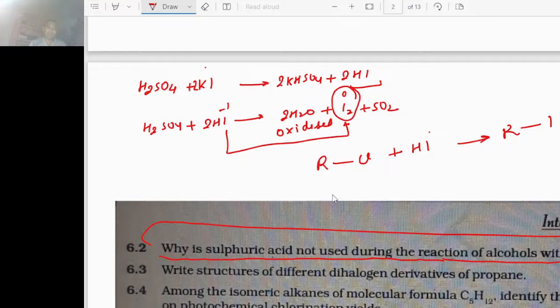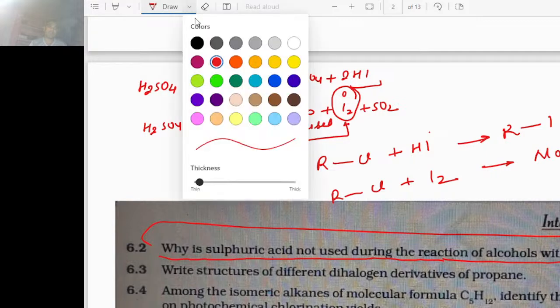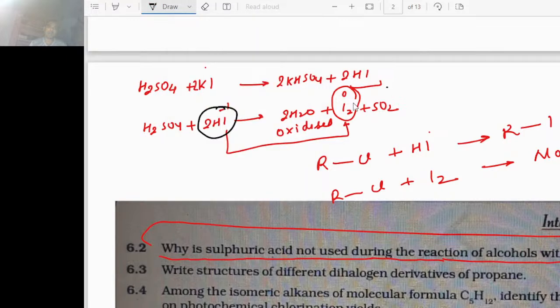So we have RCl plus I2, so here is no reaction. So what is happening? Since HI is converted into I2, HI is not available, so it will not give the reaction. So that is our required answer.